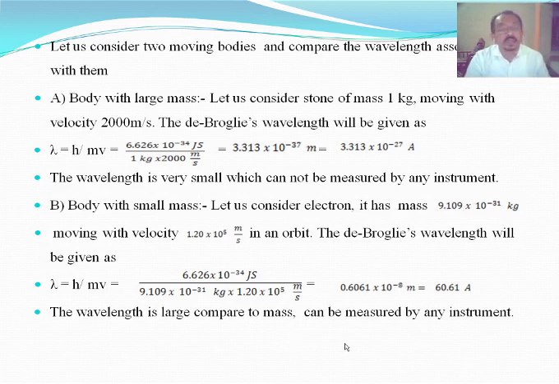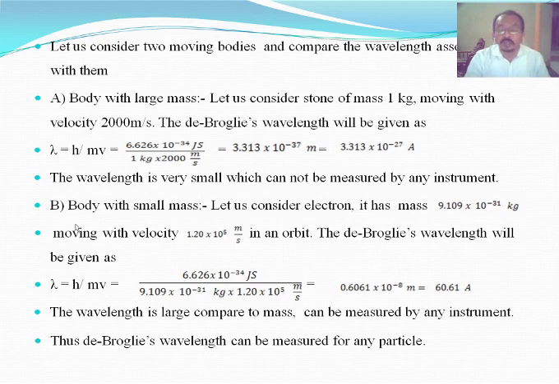In this way we can calculate the wavelength of any material or any matter which has a dual character, that is particle character as well as wave character. Thus we can measure the de-Broglie's wavelength for any particle.